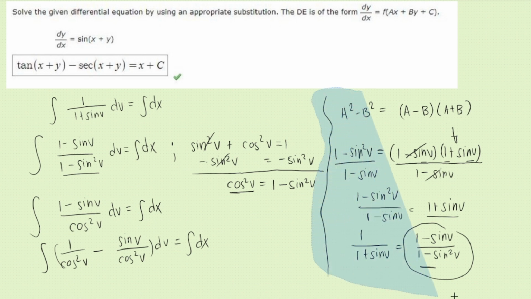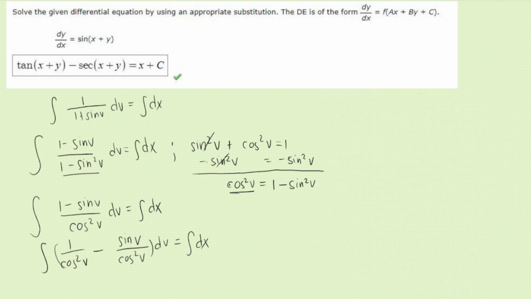Because we already know that 1 over cosine squared v is just the reciprocal of cosine squared v, or equal to secant of v. So that means secant is the reciprocal of cosine and cosine is the reciprocal of secant.